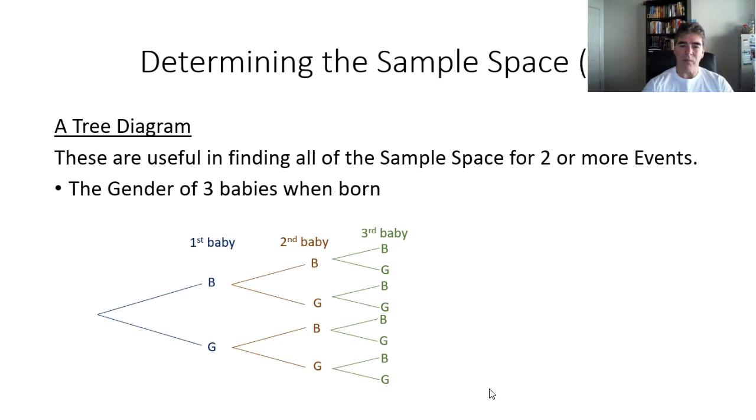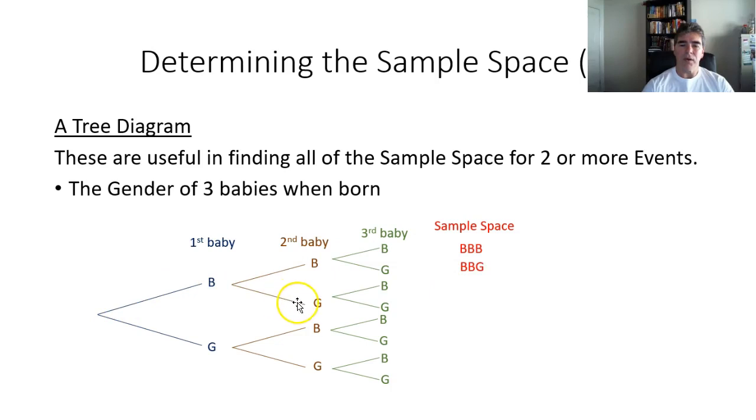But what we haven't come up with yet is our sample space, which is the list of all the possibilities. So read along our branches. Our first baby could be a boy, second a boy, and third a boy. Or we could have our first a boy, second a boy, and then the third a girl. So boy, boy, boy; boy, boy, girl.